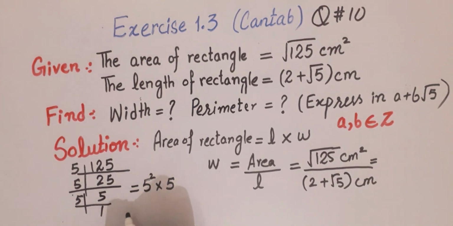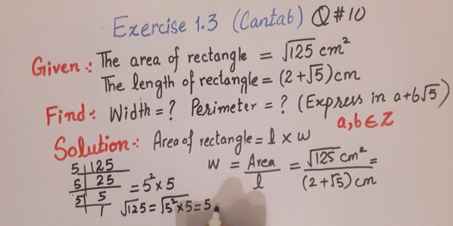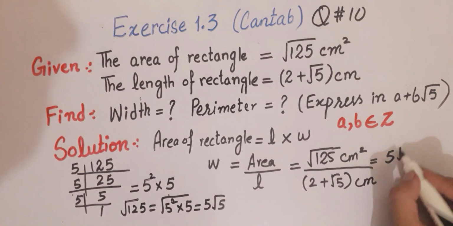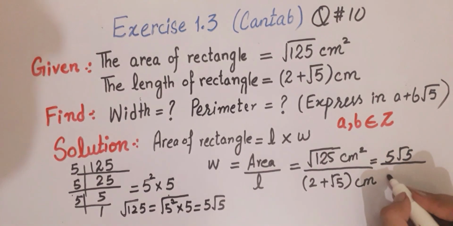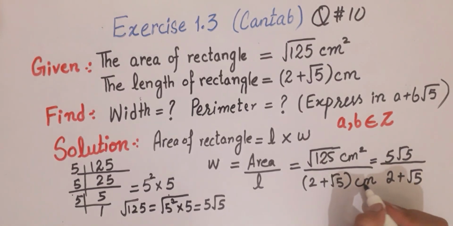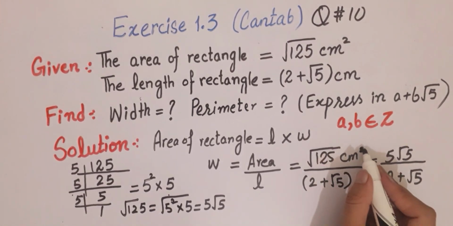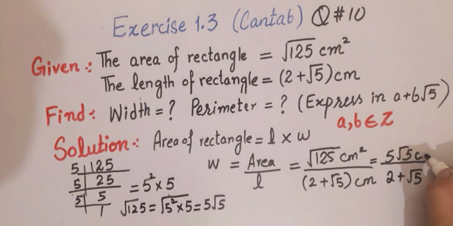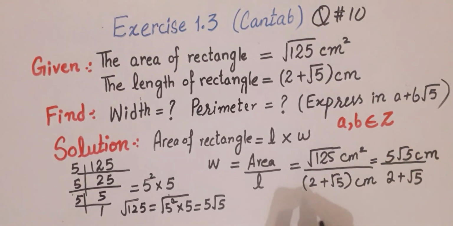So square root of 125 is equal to square root of 5 square multiply 5, which is equal to 5 square root of 5. This square will be cancelled by this square root. We have 5 square root of 5. So we will write 5 square root of 5 by 2 plus square root of 5, and this centimeter will be cancelled by this centimeter, and we have 5 square root of 5 centimeter.